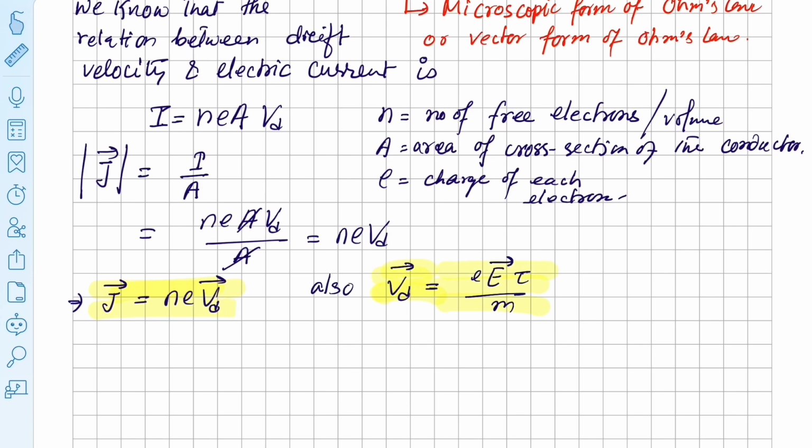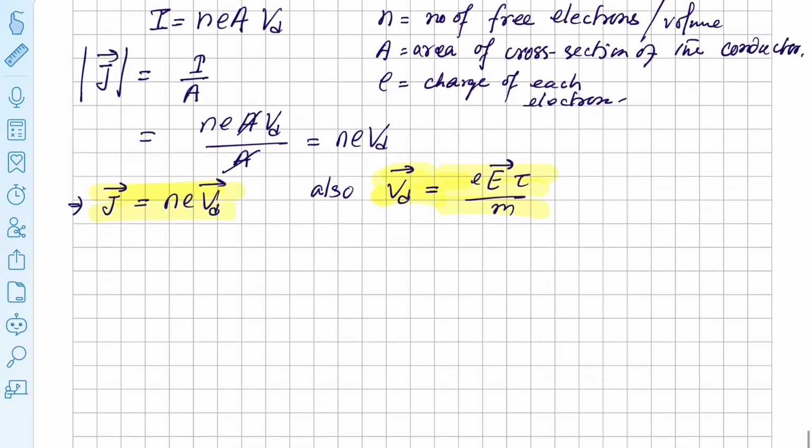In the last lecture, we discussed this drift velocity and derived this relation. If we use this relation here, then we have J vector is equal to n e square, capital E, tau by m, right?